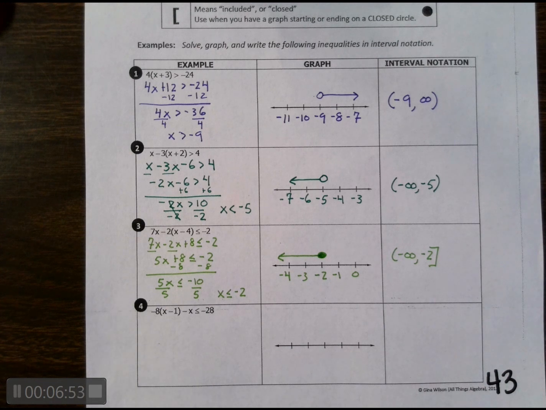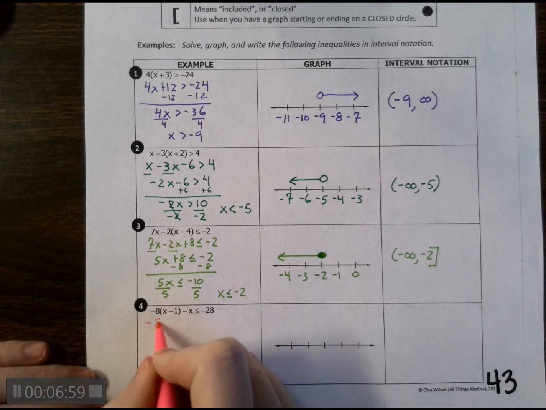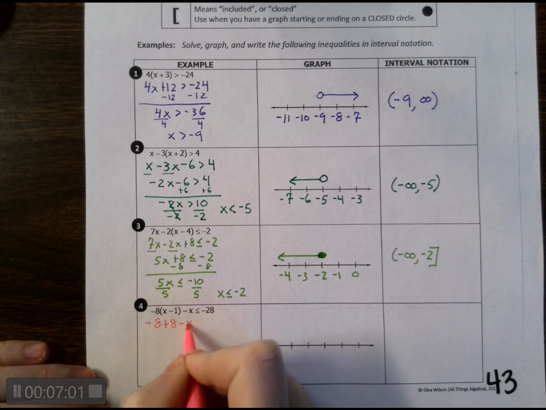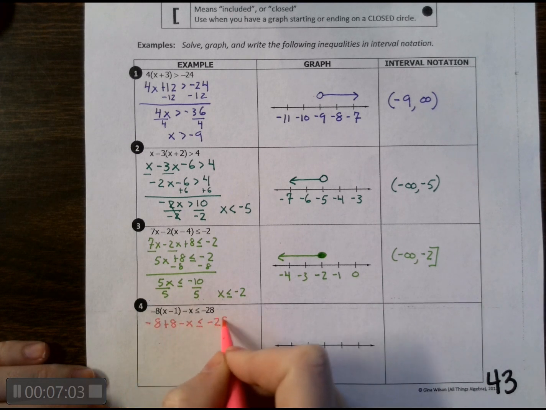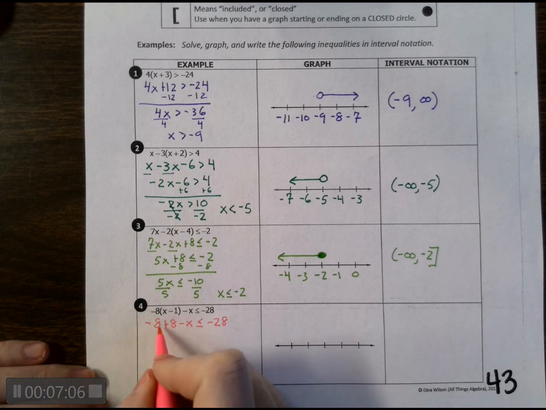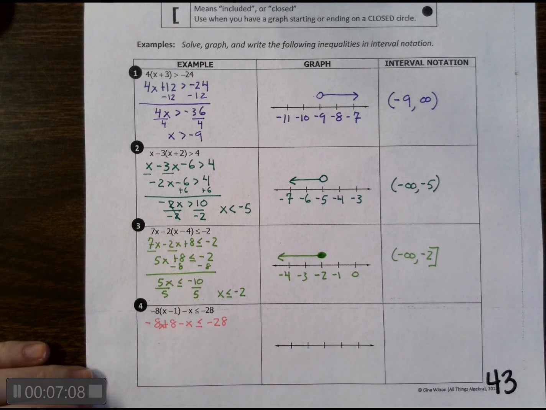Alright, let's try the next one. First thing we need to do is distribute our negative 8. Whoops, sorry. That's supposed to be negative 8x. Okay. Combine your like terms.